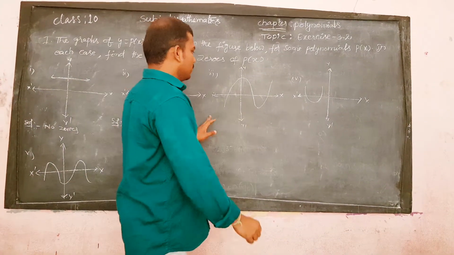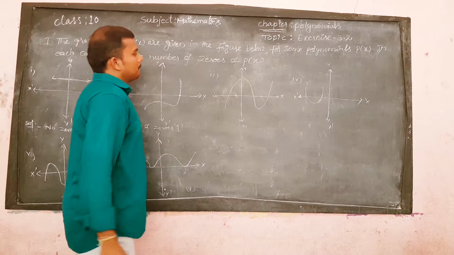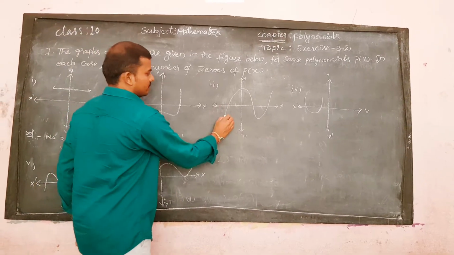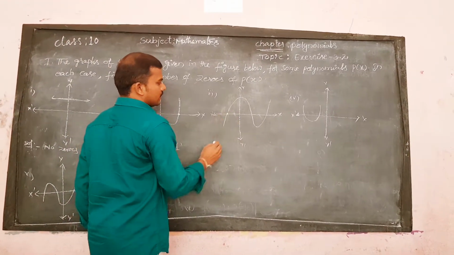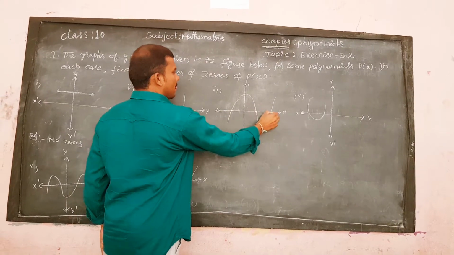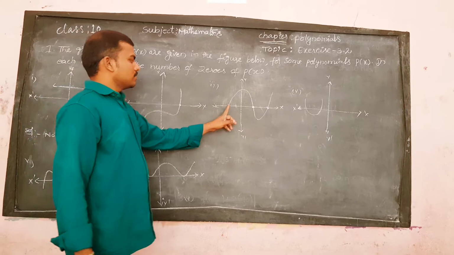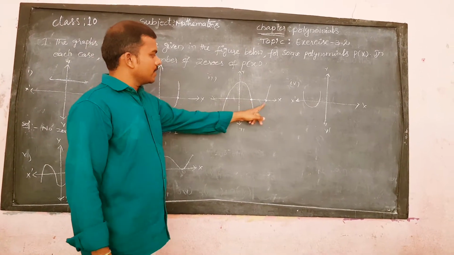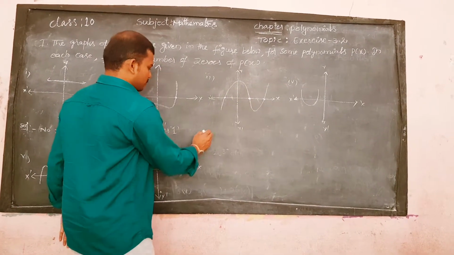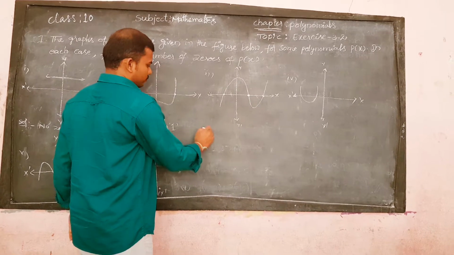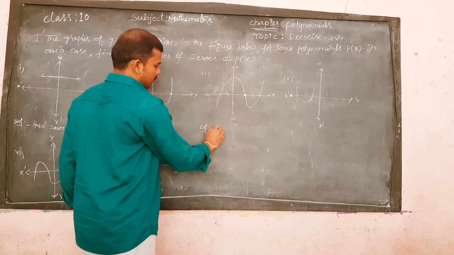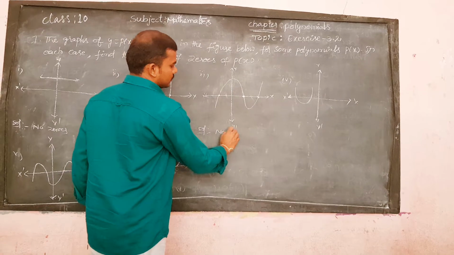In the third question, the graph intersects the x axis at 3 points, so this polynomial has 3 zeros. So the number of zeros of this polynomial is 3.